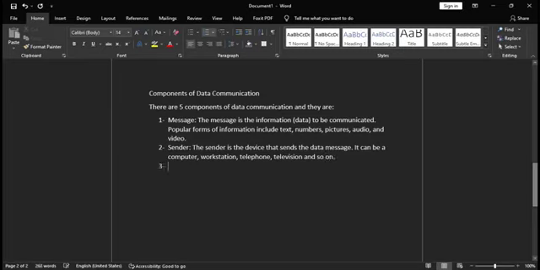So that's it. Now the next one, we have the receiver. Obviously, when you have a sender, what comes after is who's receiving. The receiver is the device that receives the message.